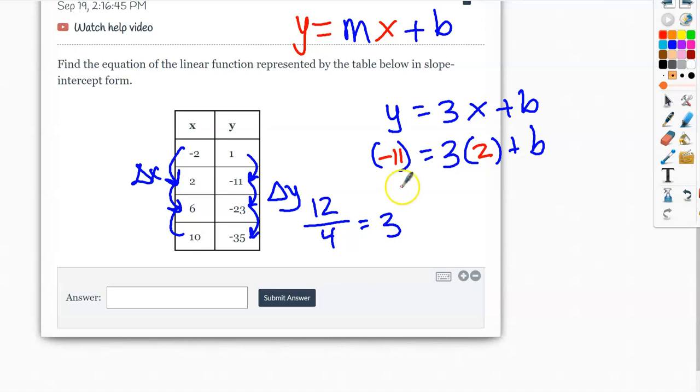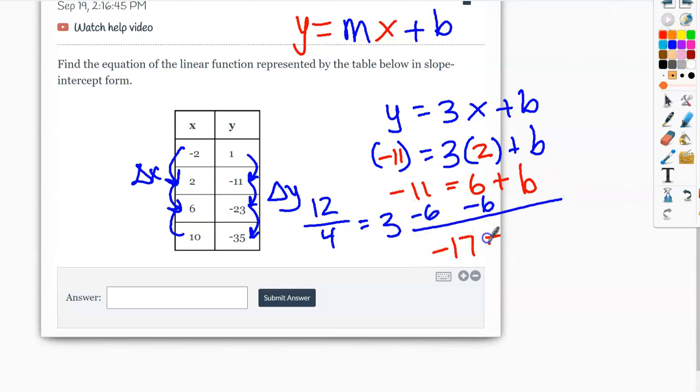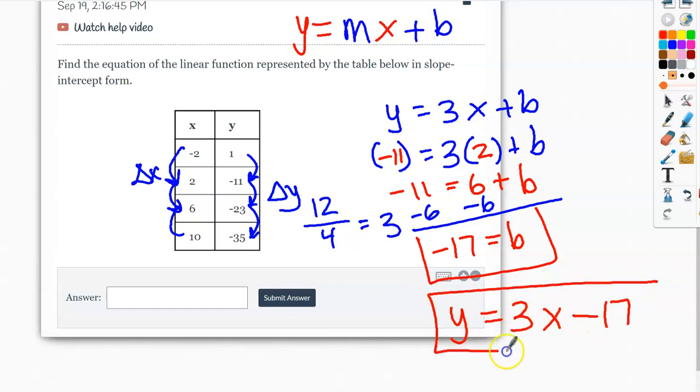So negative 11 equals 6 plus the letter b. And now to isolate b, I subtract 6 from both sides. And negative 17 is equal to b. Oh, I thought this was the same problem, but it's not. So y equals 3x minus 17.